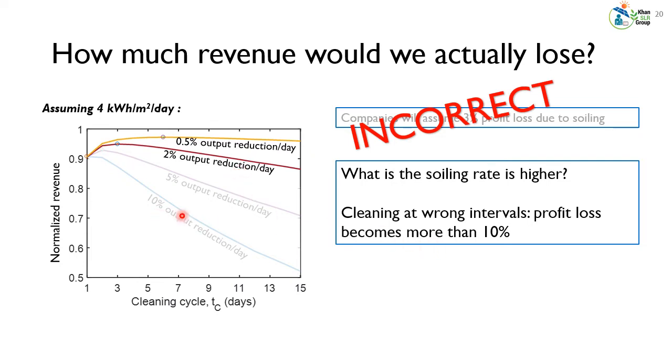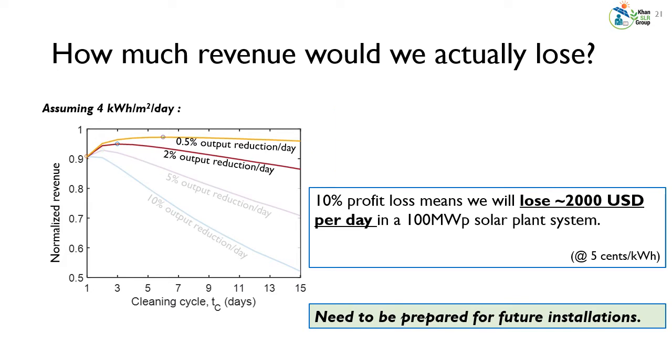So if your cleaning interval is wrong, you might end up, let's say, with a 10% loss. A 10% loss means you would lose 2000 US dollars per day for a 100 megawatt peak solar plant system. Now these things would change if the profit losses are lower, or the tariff rates or the cleaning costs are different.